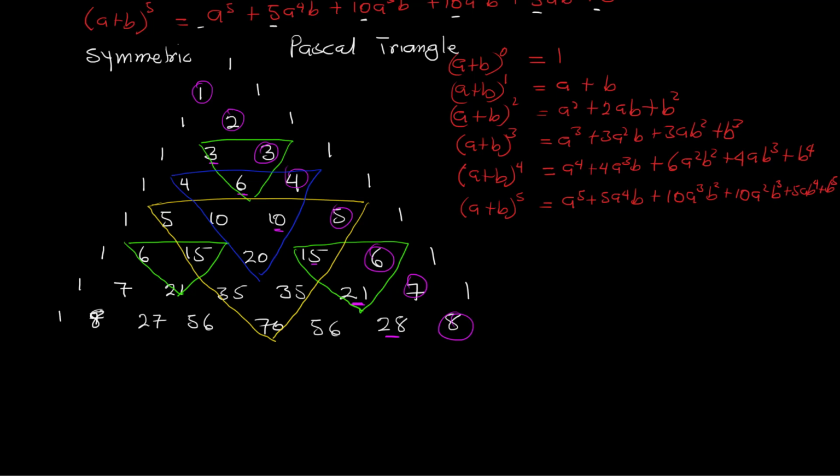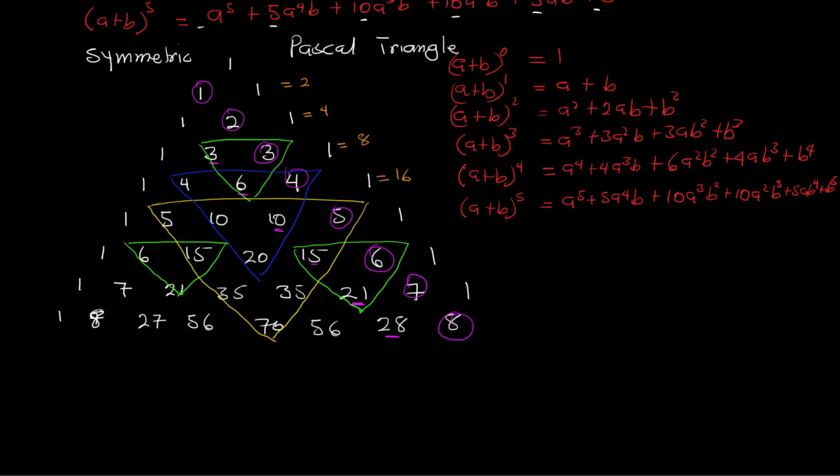Now, one other interesting thing that we can see about this Pascal triangle is that if we sum what is here, we get 2, and this 1 plus 2 plus 1 is 4. This one also gives us 1 plus 3 is 4 plus 3 is 7 plus 1 is 8.